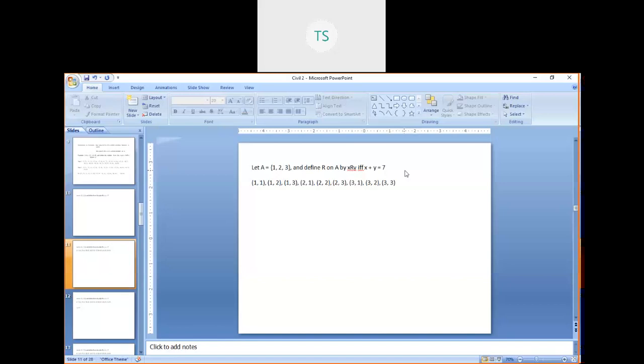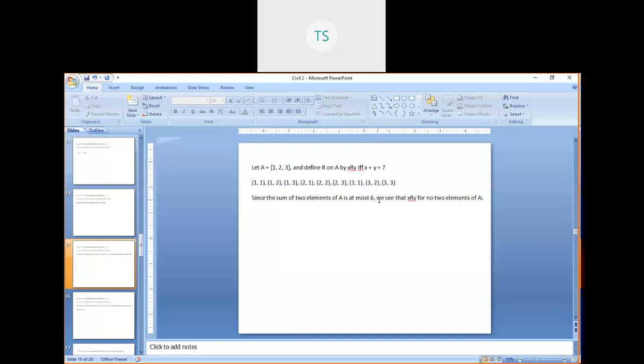That means we are not getting any ordered pair which will satisfy the condition x plus y is equal to 7. So here I have written that their sum. Since the sum of two elements of A is at most 6, that means if I add 3 plus 3, I will get the highest number which is 6, but I am not getting 7.